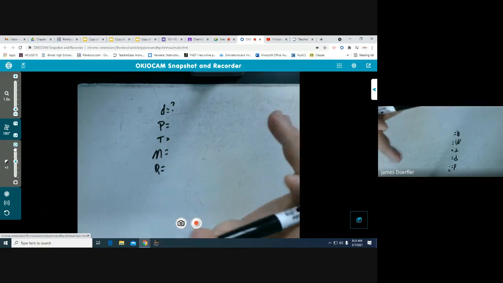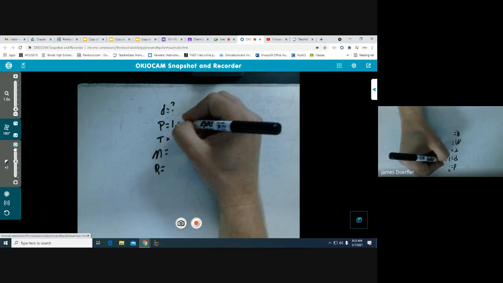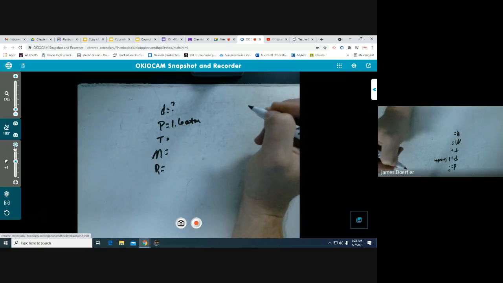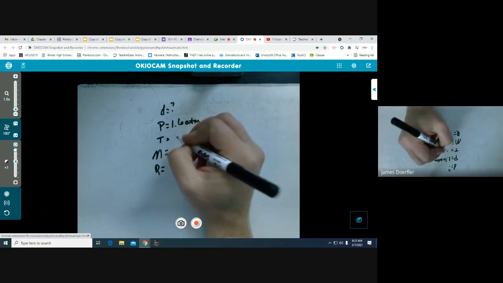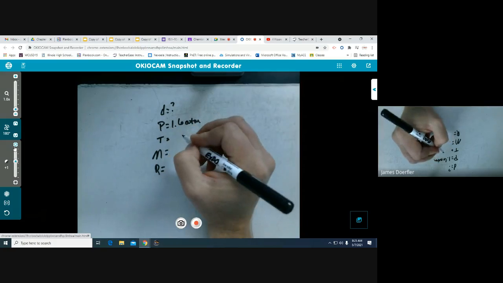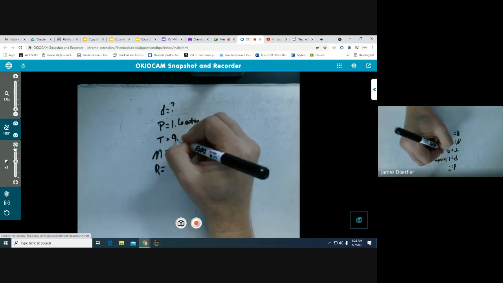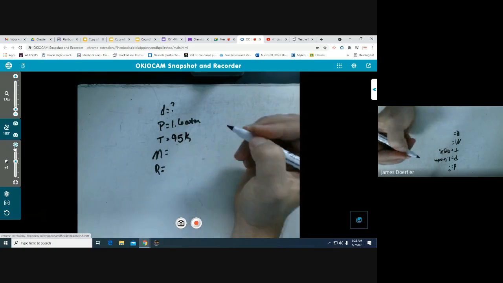So, what is our pressure according to this? Our pressure is 1.6 atmospheres, correct? Our temperature was 95 Kelvin. Look at that, it's already in Kelvin for us, so we do not have to convert. It's 95, not 9.5. 95 Kelvin.